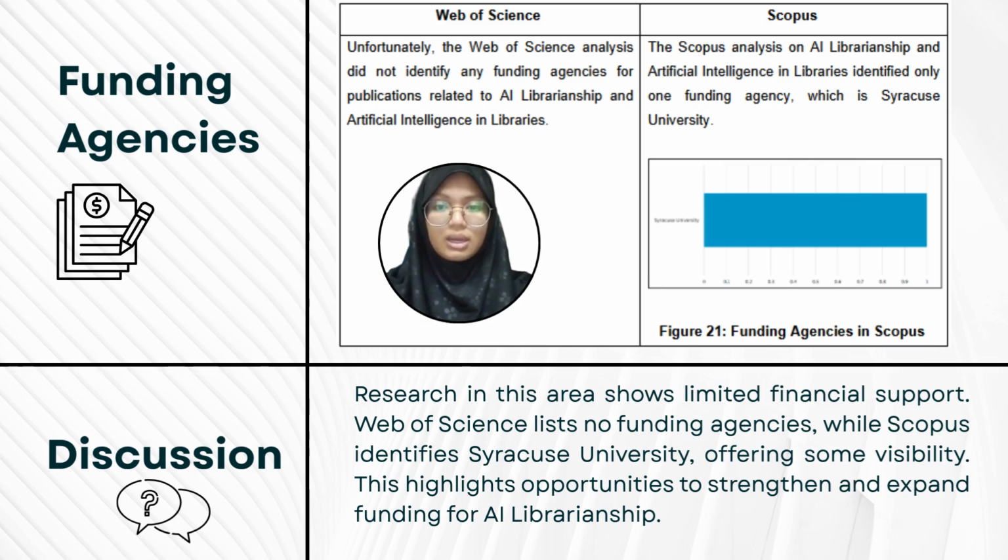As for this page, it will talk about the funding agency in Web of Science and Scopus. In Web of Science, unfortunately, the analysis did not identify any funding agencies for publications related to AI librarianship and artificial intelligence in libraries.